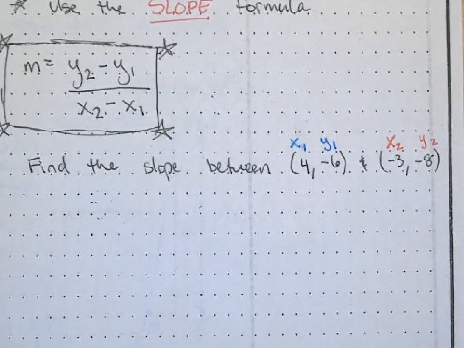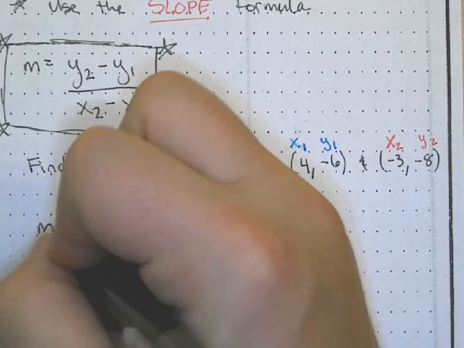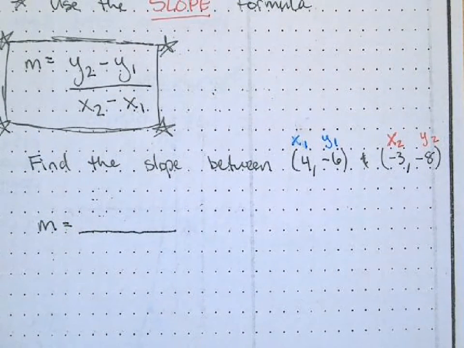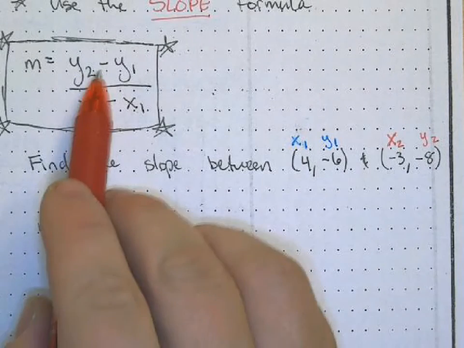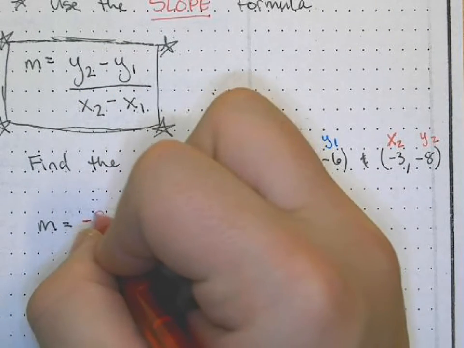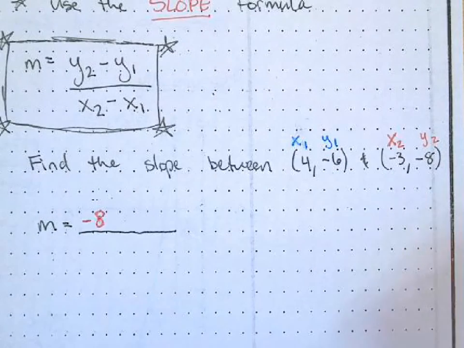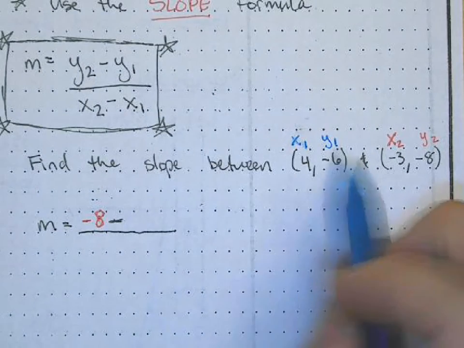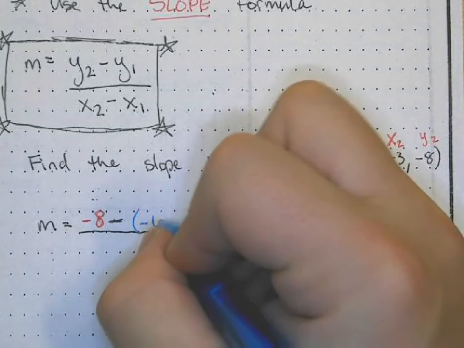Now we're going to plug into our formula. So I have m equals, there's my fraction bar. Now I'm going to go y2 minus y1. So I'm going to have negative 8 minus negative 6.